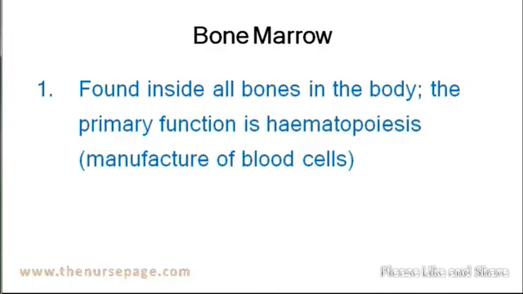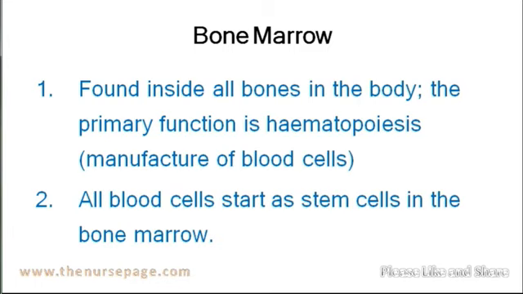First, we can check what is bone marrow. Bone marrow is found inside all bones in the body. The primary function is hematopoiesis, that is manufacturing of blood cells like RBCs, WBCs and platelets.